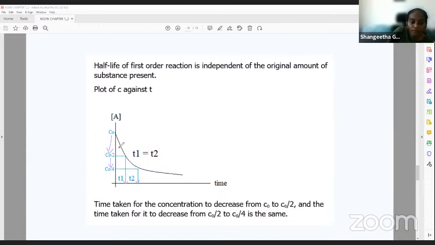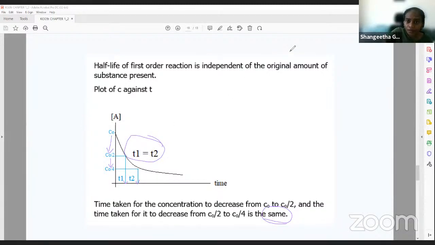The time for your original concentration to drop to half, and for the half of the concentration to drop to its half, is the same. That means this is your first order reaction. So the time taken for the concentration to decrease from C0 to C0 over 2, and from C0 over 2 to C0 over 4, is the same. When you have this, it is a first order reaction.